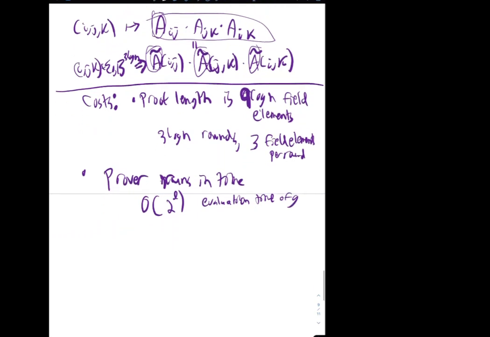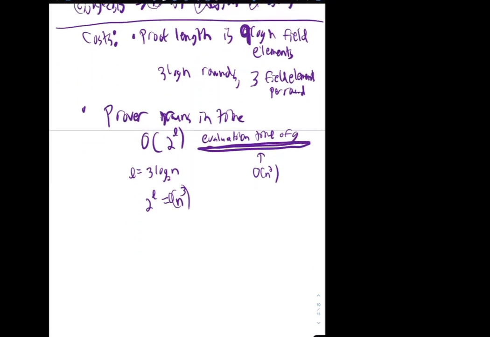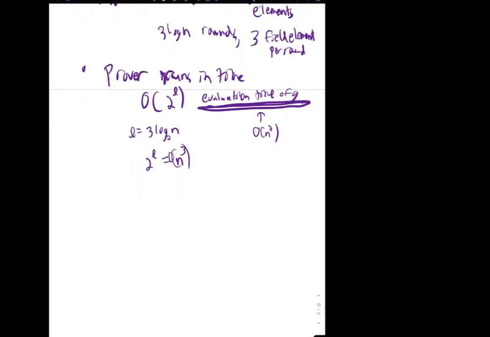Remember, L here is 3 log n, so 2 to the L is actually n cubed. Evaluating G at 2 to the L points, doing each evaluation completely independently and very naively, would take n to the 5th time, which is really slow. It's still polynomial, but it's really bad. It turns out that with a little cleverness, you can make the prover run in just n cubed time.